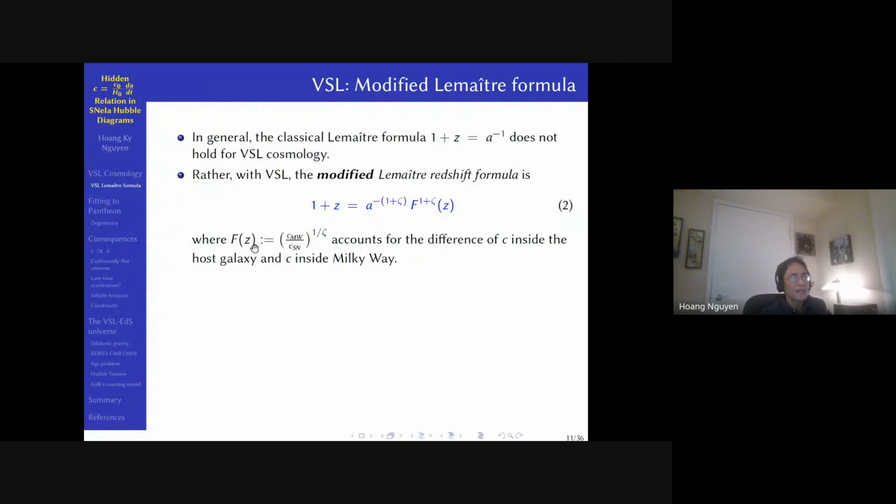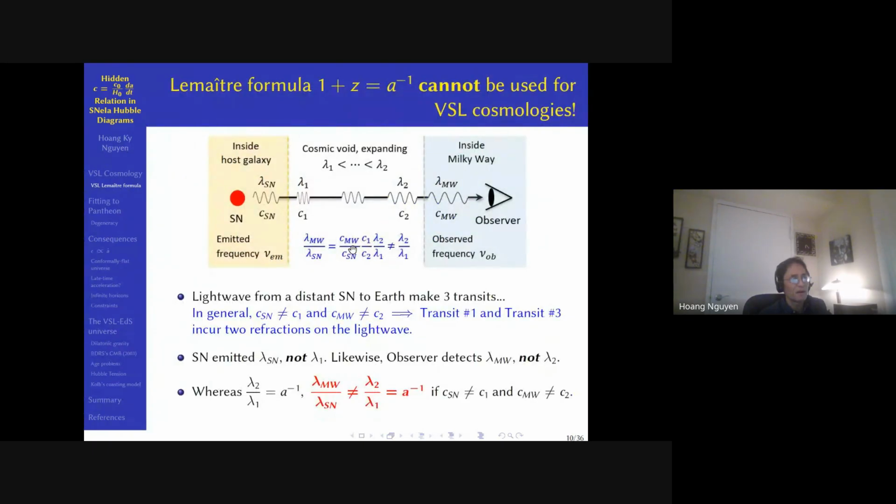Now, the Fz I put here as a function to account for the ratio between the speed of light inside the Milky Way and this host galaxy, because we don't have a reason to believe that these two are the same, right? Because the host existed a long time ago, billion years ago, and we are now today. So they may change a little bit.